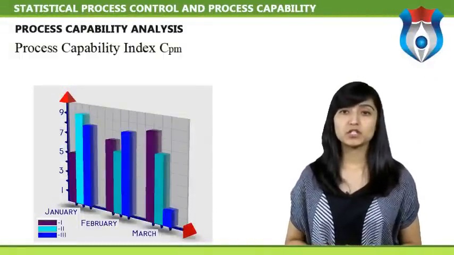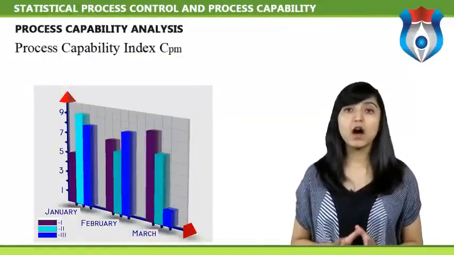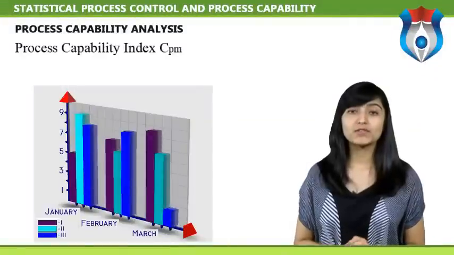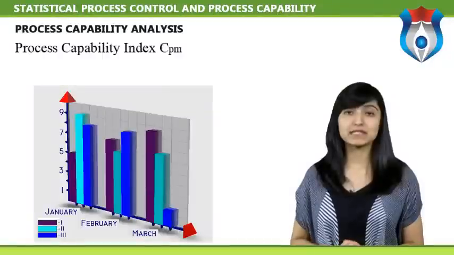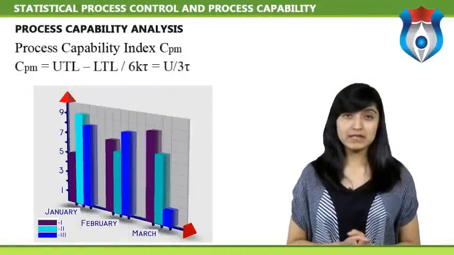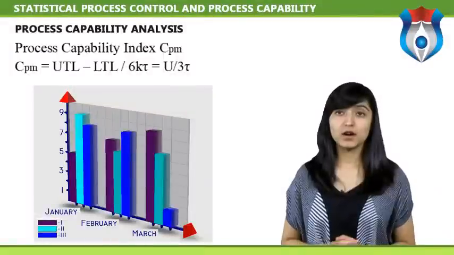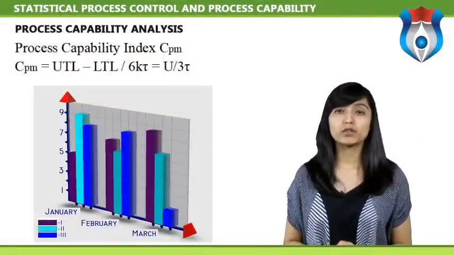The most interesting information is about the quality of individual measurements, that is, how far measurements performed on the check standard are from the nominal value X0 of the check standard or from the tolerance limits. CPM is equal to UTL minus LTL upon 6 K tau, which is equal to U upon 3 tau.